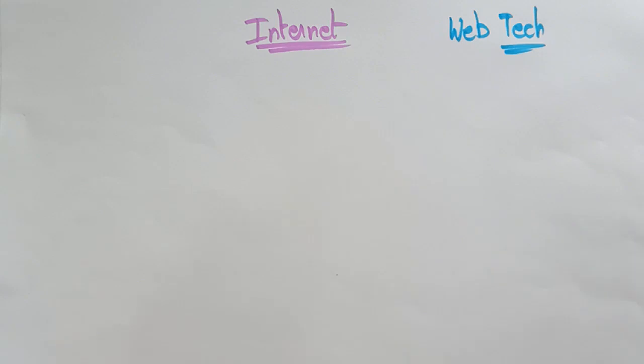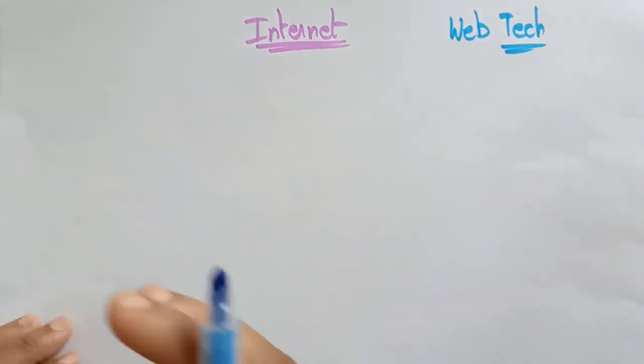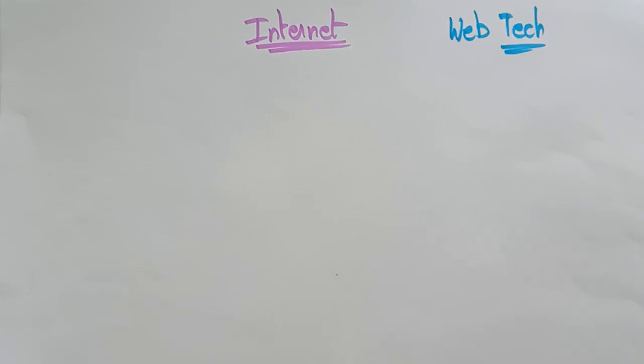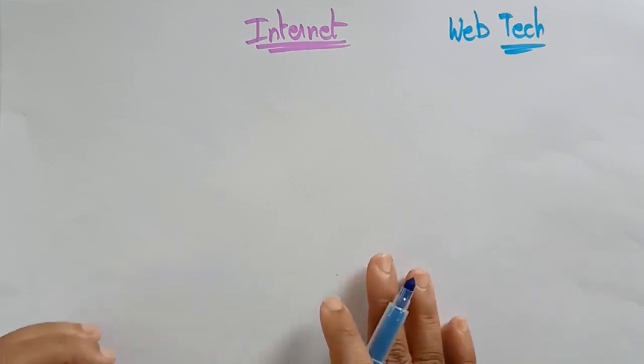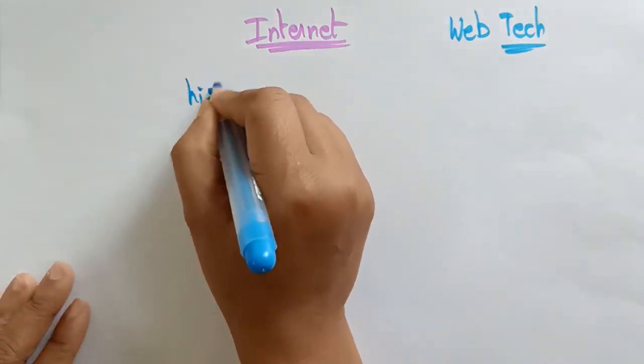We are living in a world in which everyone uses the internet. But have you ever thought about what the history of the internet is? You are just using the internet, but some people don't know the history of the internet.